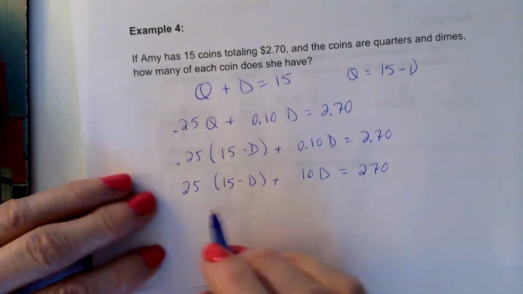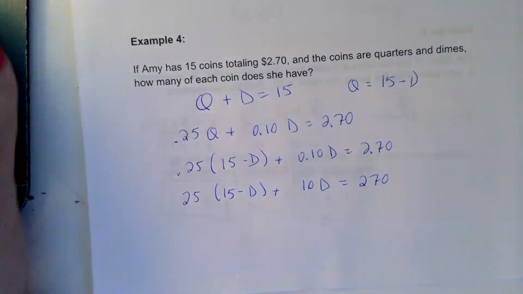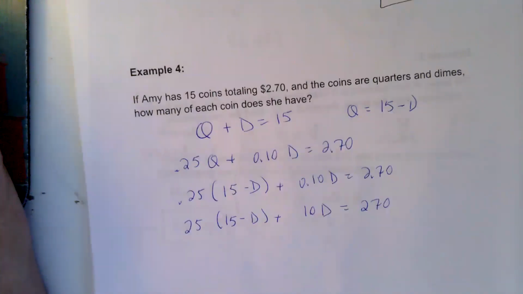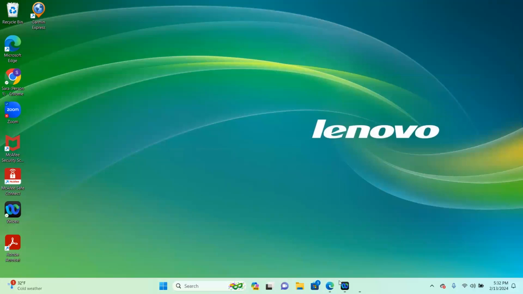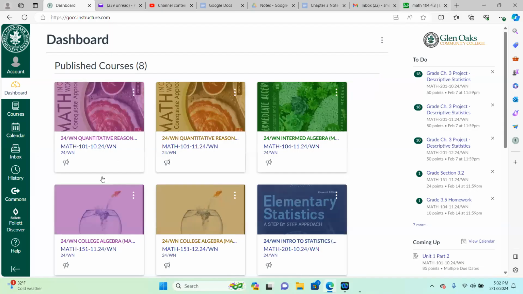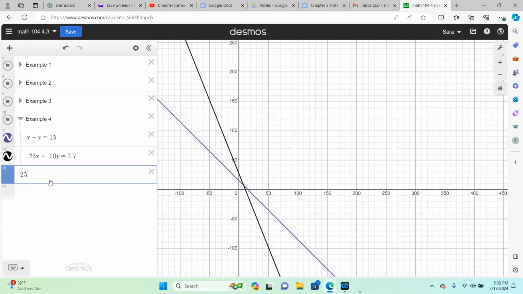Okay. So I do need to multiply 25 times D here. 25 times 15 is 375, minus 25D plus 10D equals 270.